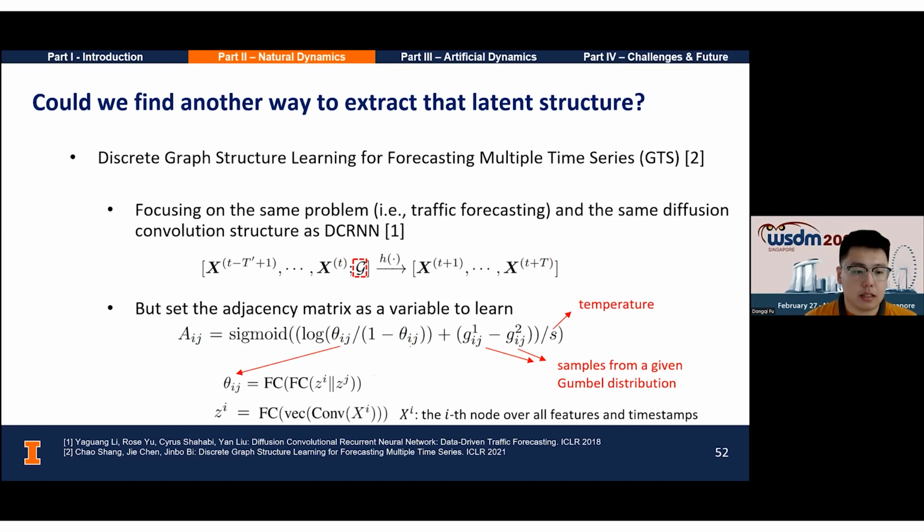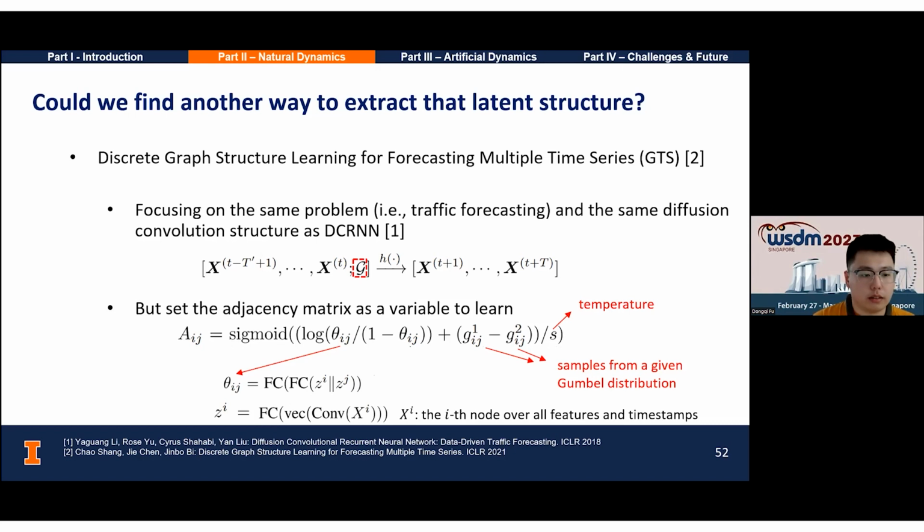In GTS, the graph structure is still static, but we are not defining it as a weighted connection from prior knowledge; we are going to learn it along with the forecasting process.